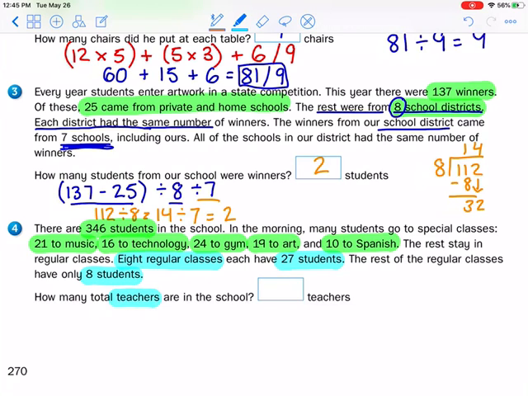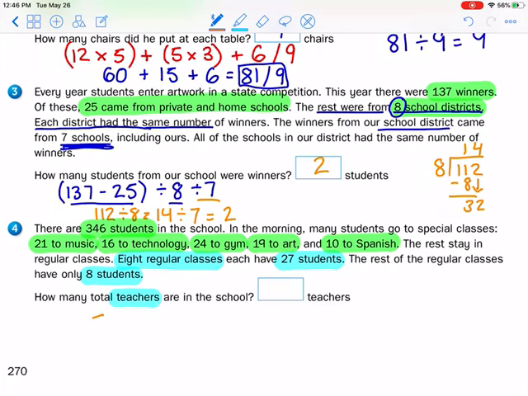So this is a little bit more complicated. The first thing you have to figure out is how many teachers do they need? So you are going to figure out how many classes they go to. And I know that they go to music, technology, gym, art, and Spanish.